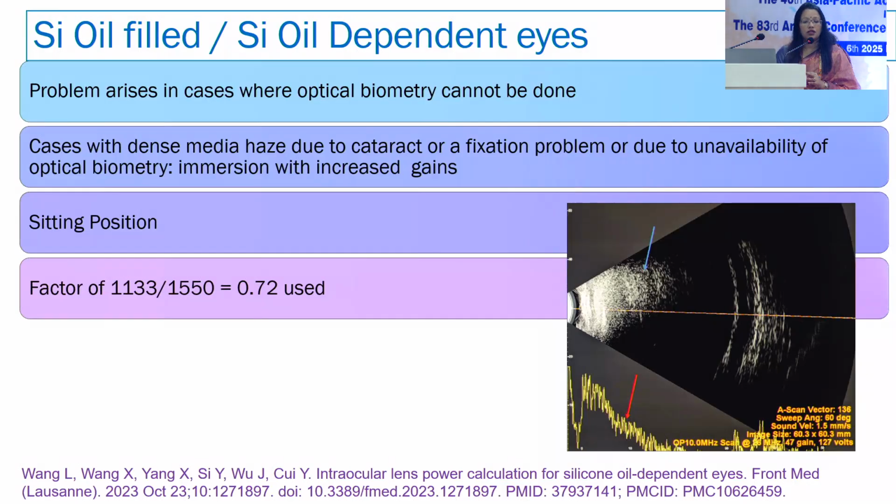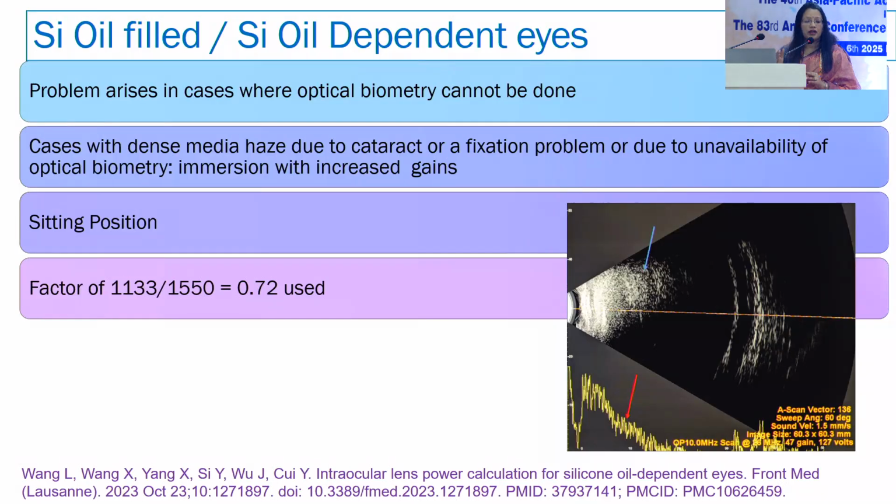Now here, because the velocity inside the silicone oil is different, we need to apply a correction factor if you are not using an advanced 4th generation formula. Normally the sound velocity which we use in all the biometers is around 1550.